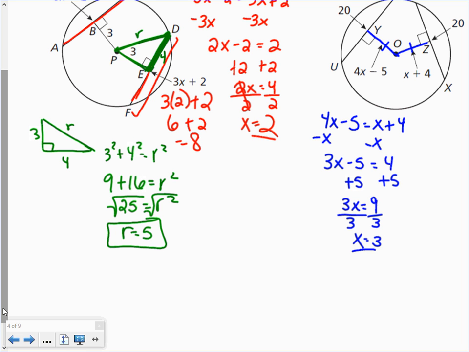Now again, I'm going to end up drawing in a little right triangle here, where I need to solve for the radius, that hypotenuse. If I plug this 3 into x plus 4, I get this being 7.